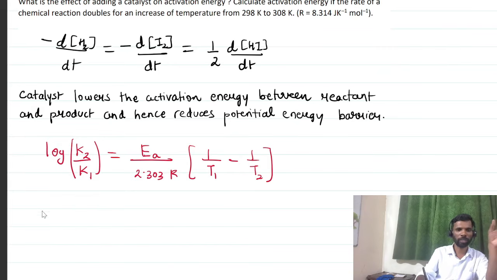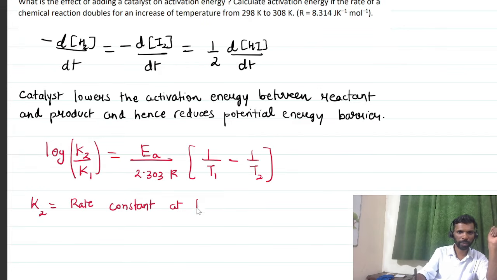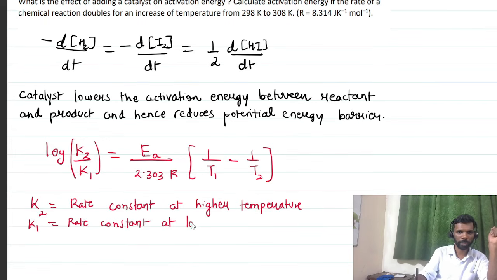I'll just write over here what each term is. K2 is the rate constant at higher temperature. K1 is the rate constant at lower temperature.